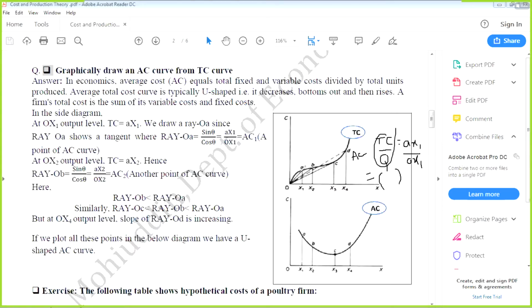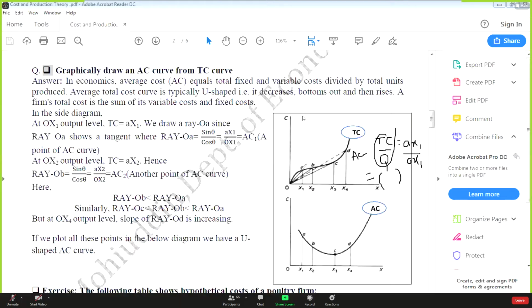But what is the connectivity with the ray tangent? How will it benefit us? When a ray touches a point, tangency is created. And tangent means what? Sin theta by cos theta.